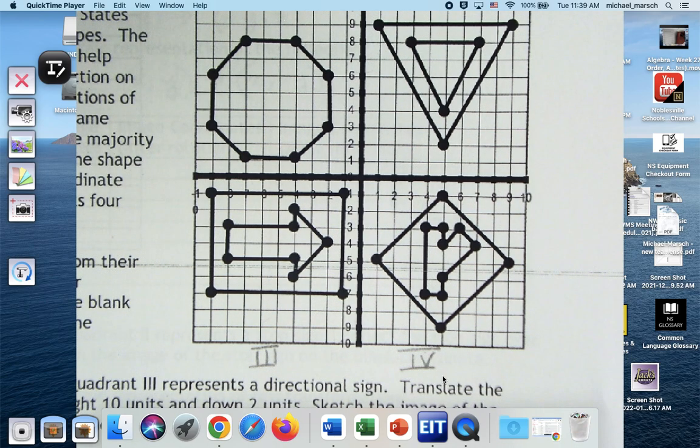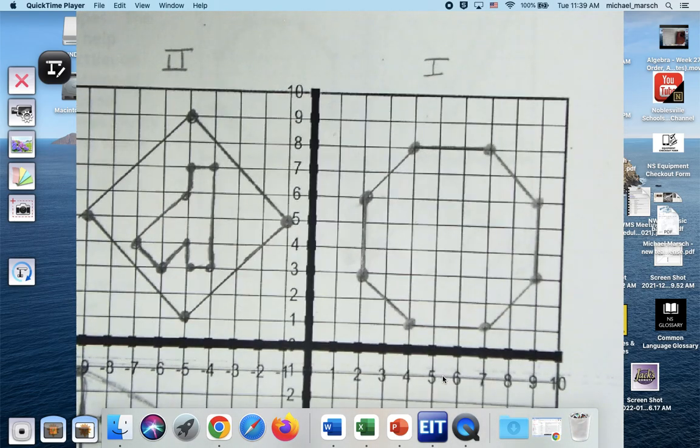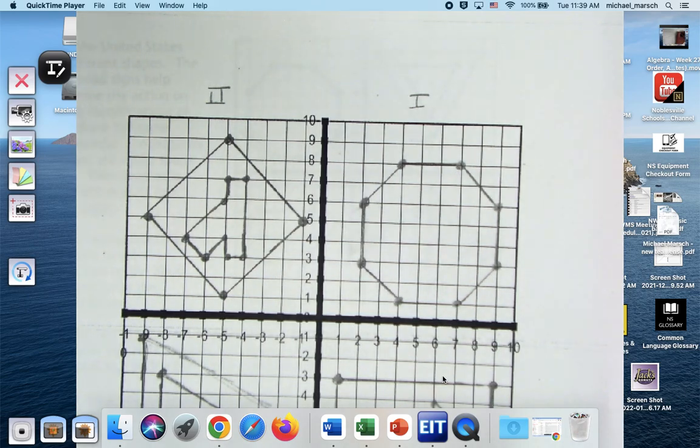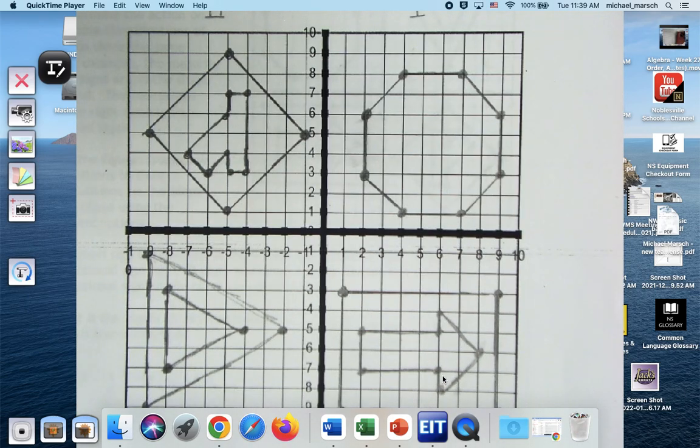Okay, so your final four quadrant coordinate plane should look like this, right? So you should have all four of them have now shifted locations, rotated, reflected, right? All into different spaces.